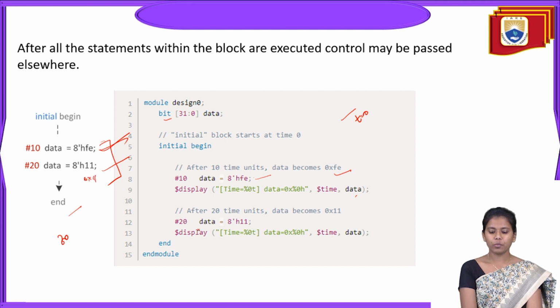Here, 20 data 8'hFF, and if you want to display along with the propagation of time delay of inputs A and B, then use display time and data. Then we end with the keyword endmodule.